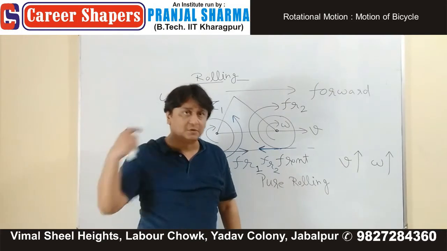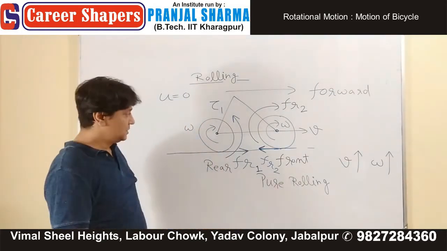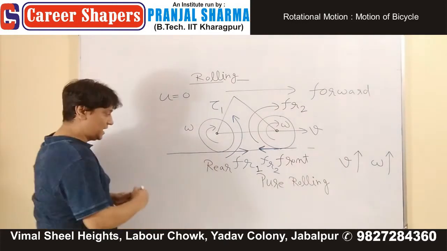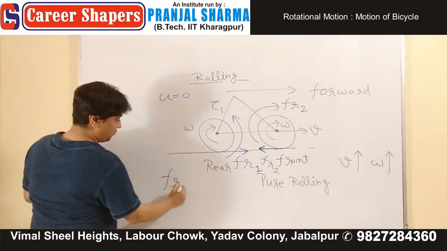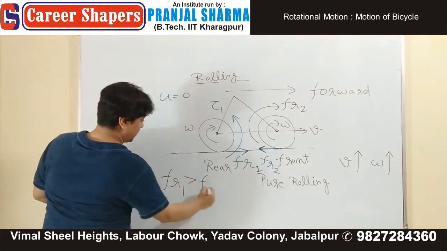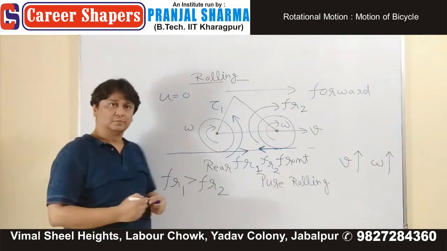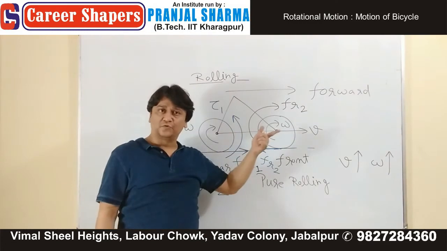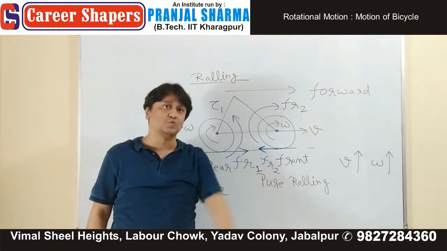But does it happen? No. So what will happen? The moment you start pedaling, these forces act and FR1 will be greater than FR2. Suppose this is 10, this is 8. So what is the net force? 10 minus 8, which is what?